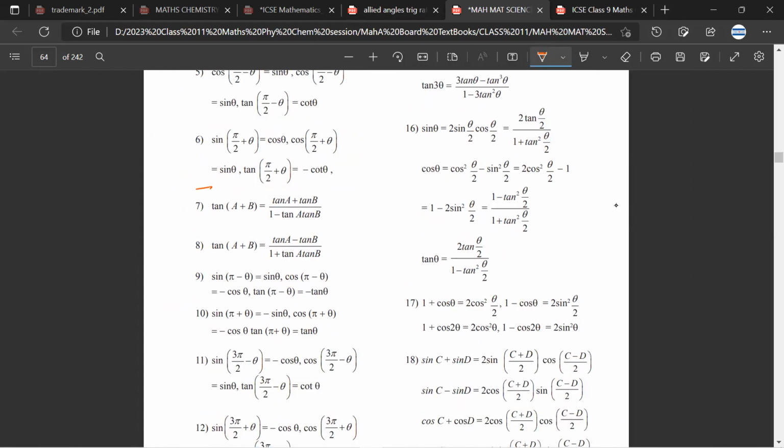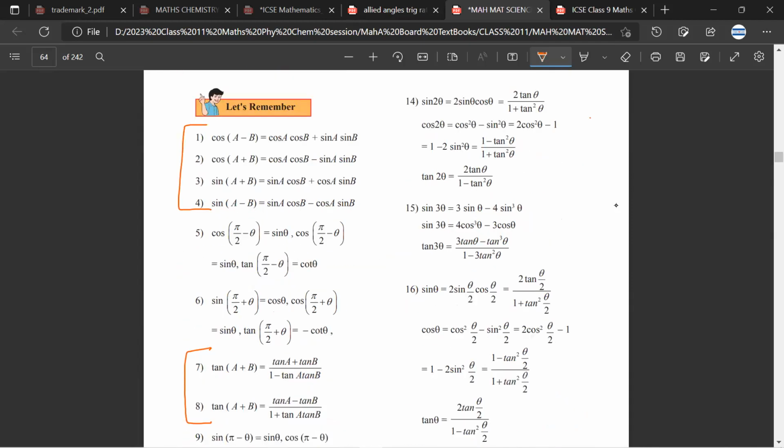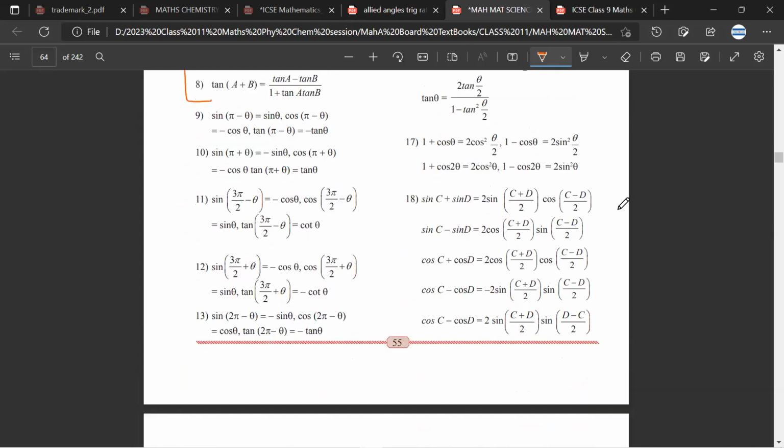These would be the six identities that we will be using. And using these identities, we'll try to understand sine 2 theta, cos 2 theta, tan 2 theta, sine 3 theta, cos 3 theta, tan 3 theta. These six identities.